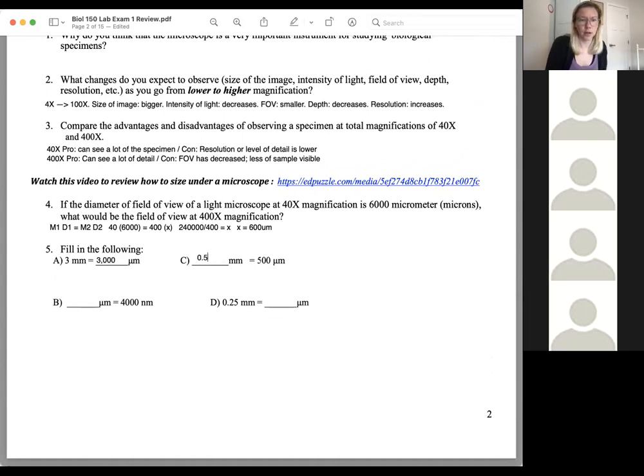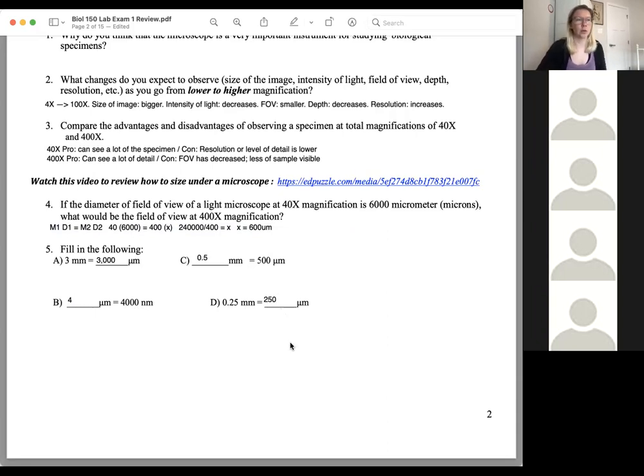And how many micrometers are in 4,000 nanometers? It's going to be 4. And 0.25 millimeters equals how many micrometers? 250. Very good.